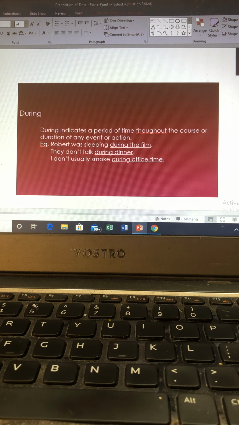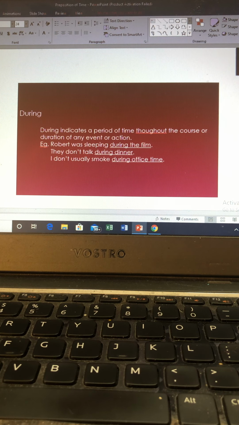Now, in the previous example, I said, what time is the movie? The movie is from 3 to 6. Now, in this period, what happens? Whatever happens in this period is called "during this period." If we are taking the example of a movie itself, then "Robert was sleeping during the film."